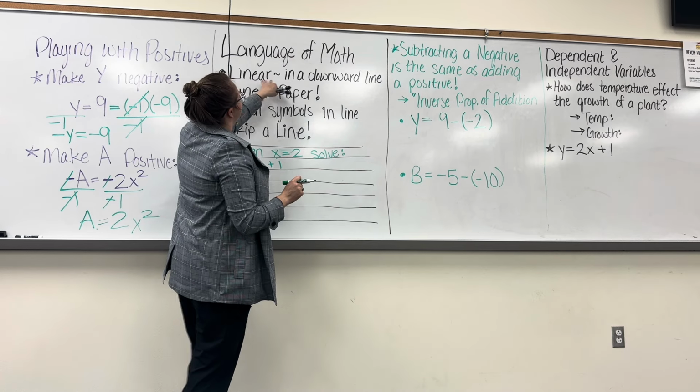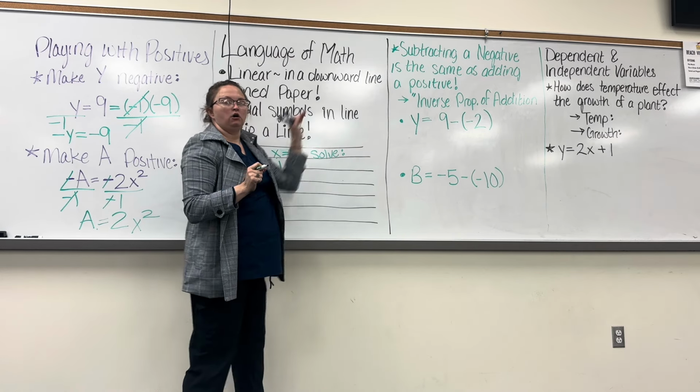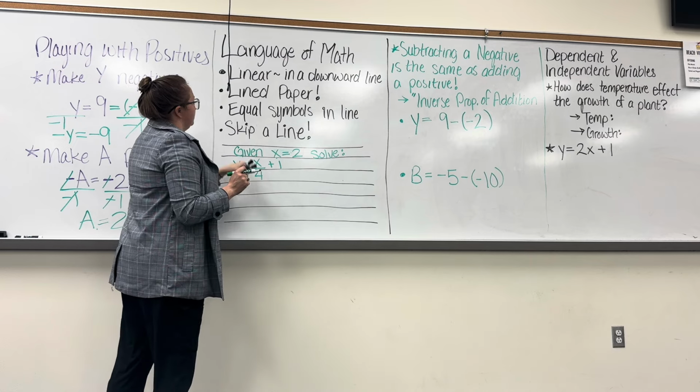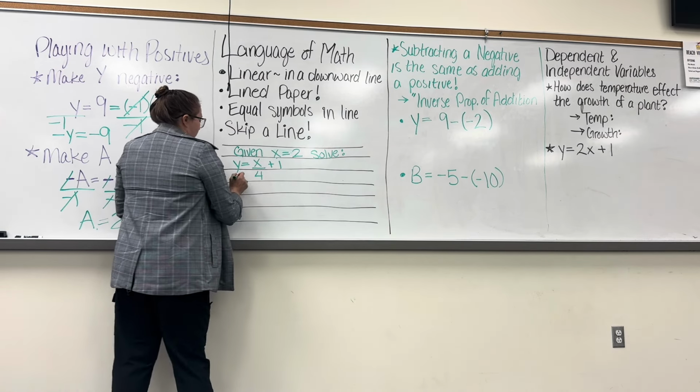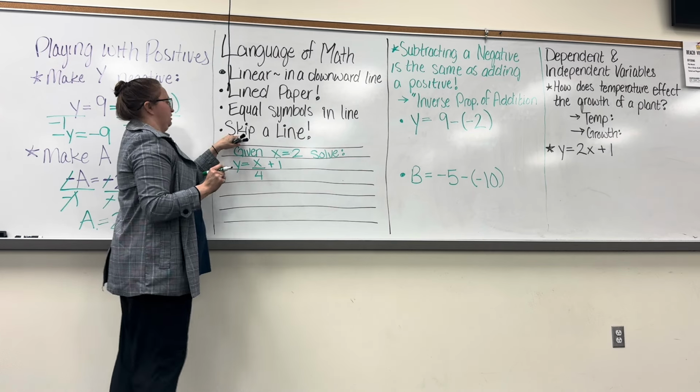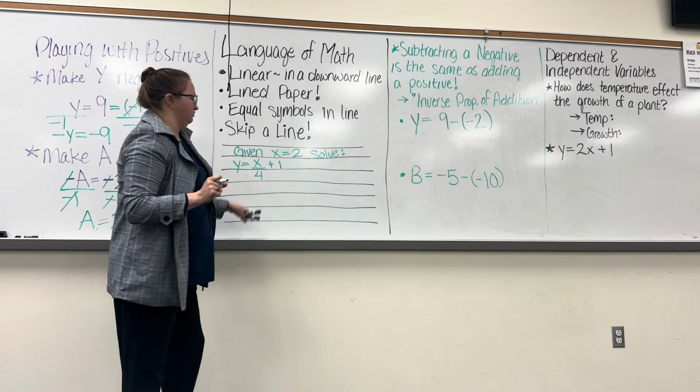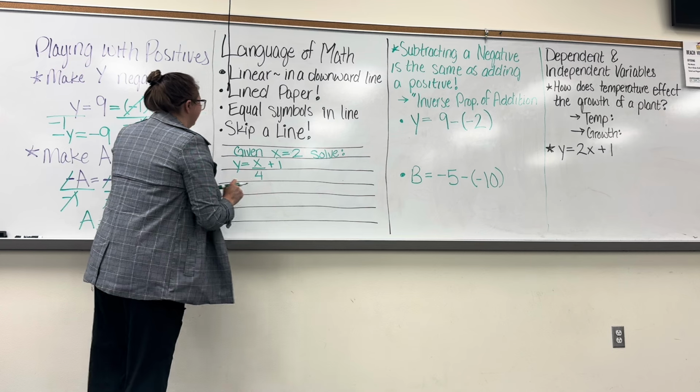So when we're saying it's linear in a downward line, we want you to keep your equal signs, equal symbols in a line, right? So your y is going to, and I want you to skip a line, but I don't have enough space to skip a line.